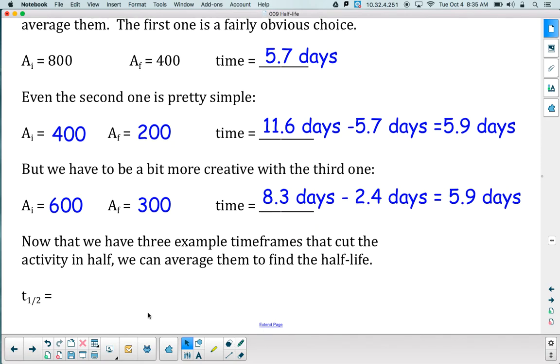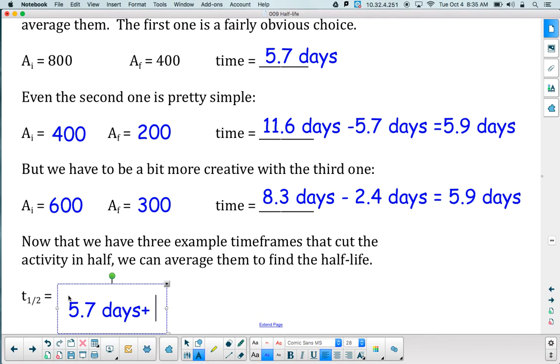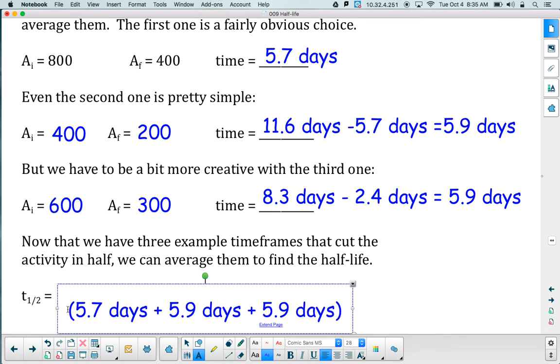And now that you have three half-lives, 5.7, 5.9, and 5.9, we can average these to figure out what the average half-life is going to be. So down here, we'll just take 5.7 plus 5.9 plus 5.9 and average that over the three half-lives.